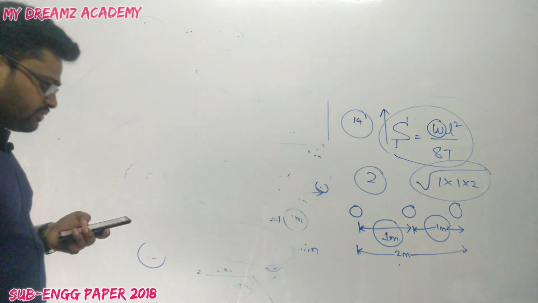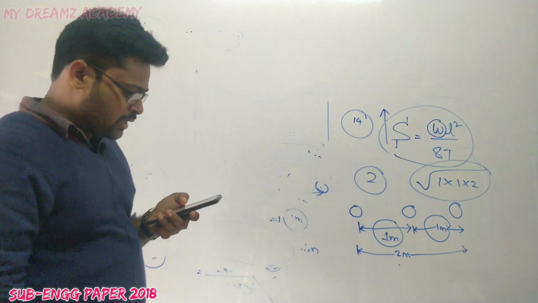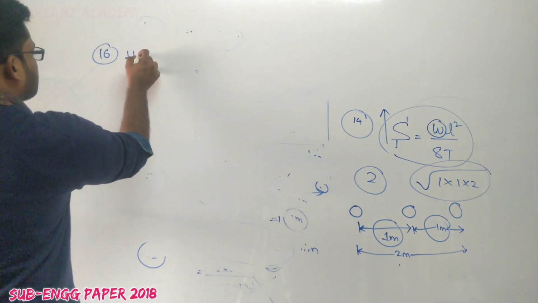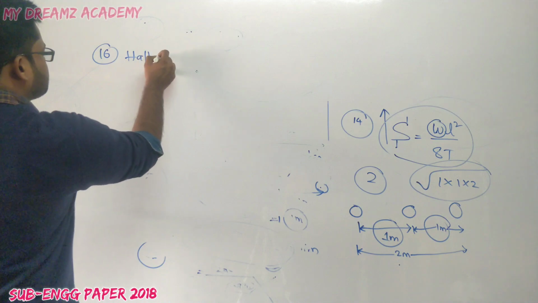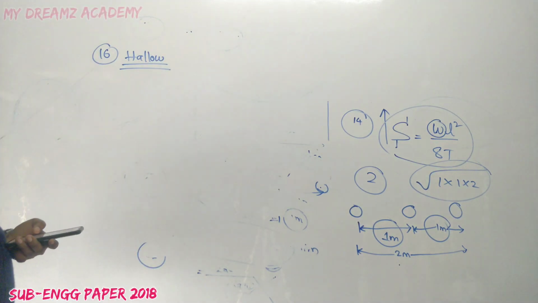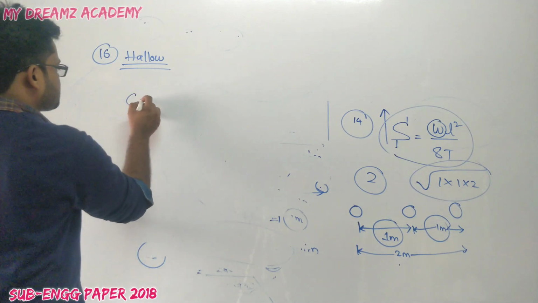So why do we use hollow conductors? Hollow conductors are used to reduce the corona losses.